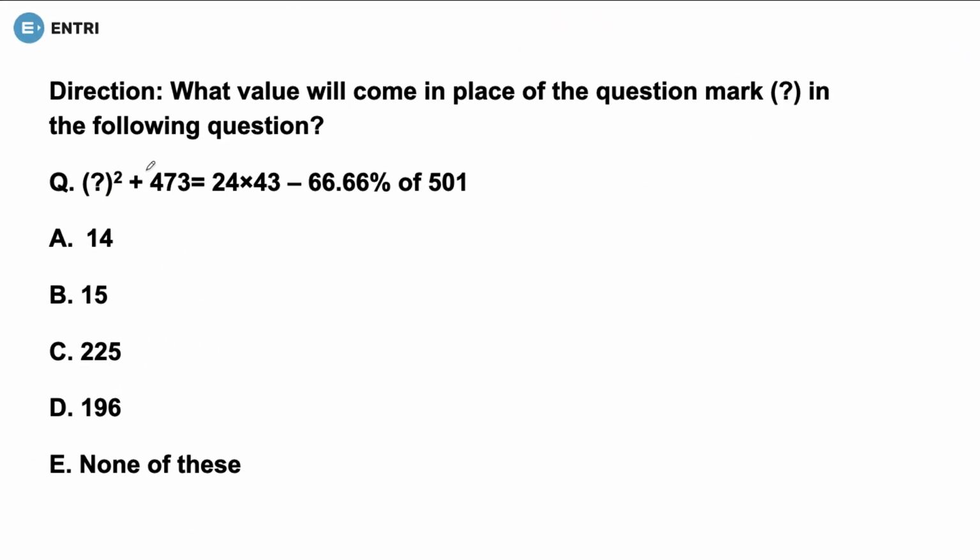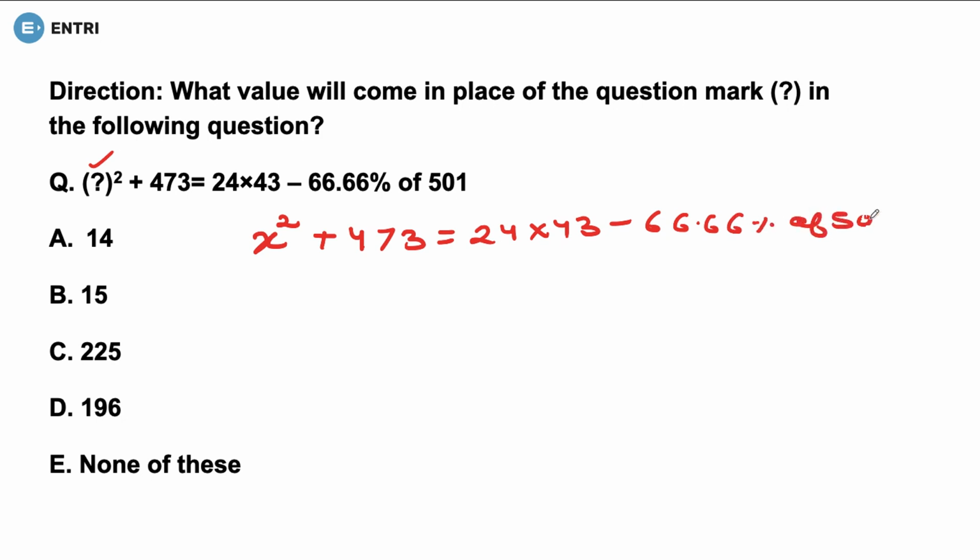The first question is, here direction is given, what value will come in the place of question mark in the following question. So here, in place of the question mark, if you take it as x, it seems quite simple, isn't it? So this question will become x square plus 473 is equal to 24 cross 43 minus 66.66% of 501.